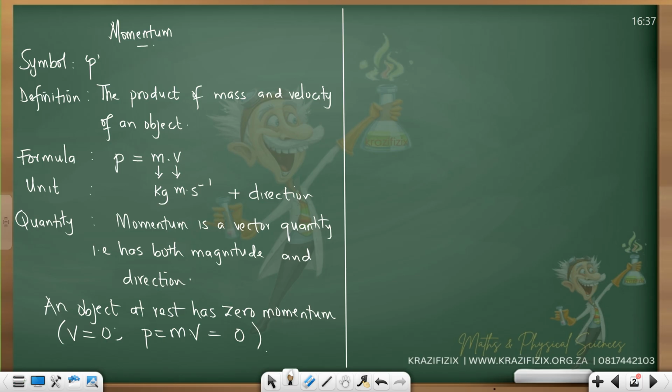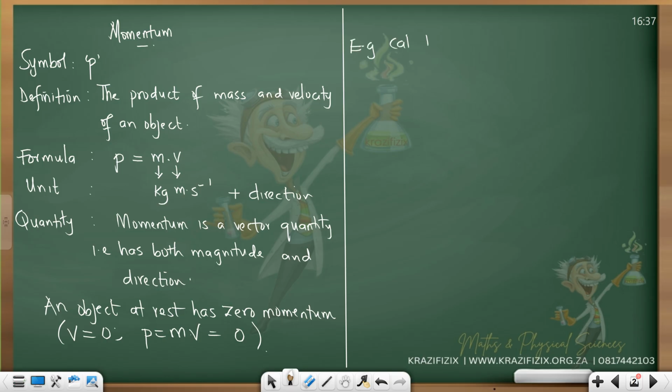That's very, very important. When an object is at rest, its momentum will be equal to 0 because its velocity equals 0. Guys, I want us to build. Make sure every slide makes sense to you. Every slide must make sense.